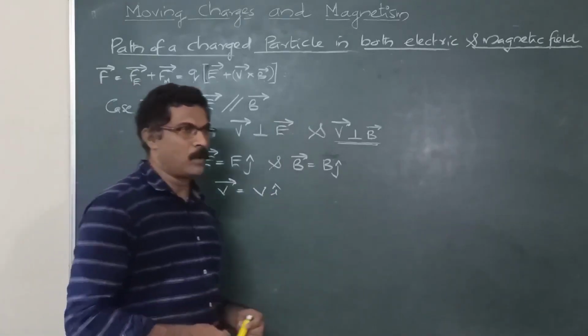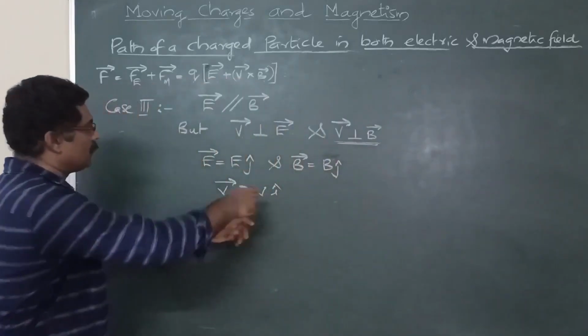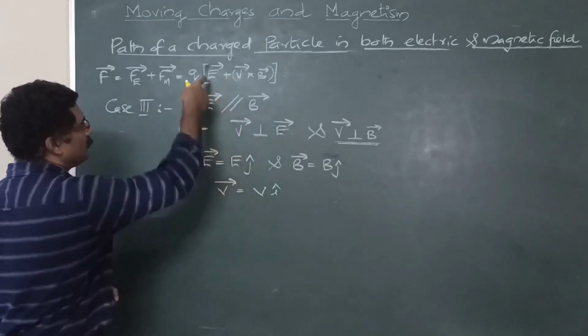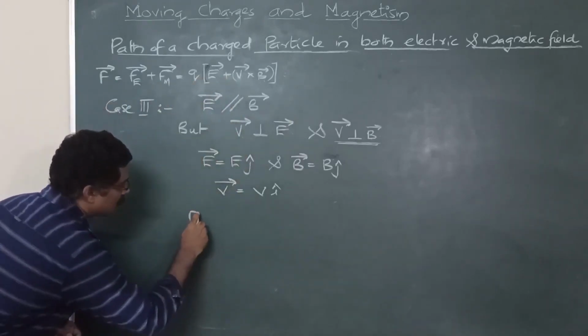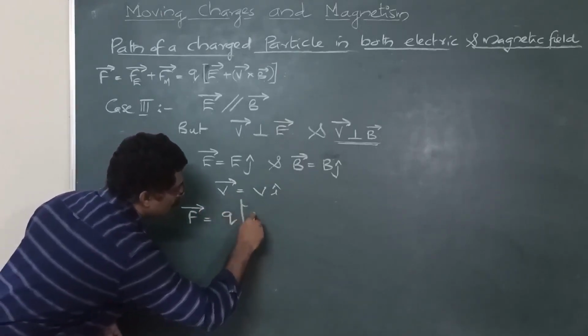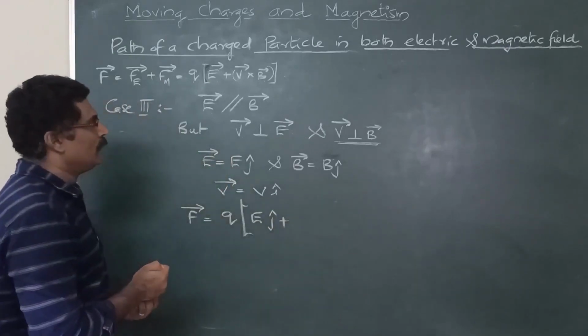So we can solve this problem by finding the net force. So what is the net force here? The net force is the Lorentz force. Substituting these values, we get the force is equal to Q into (E j cap plus V cross B).